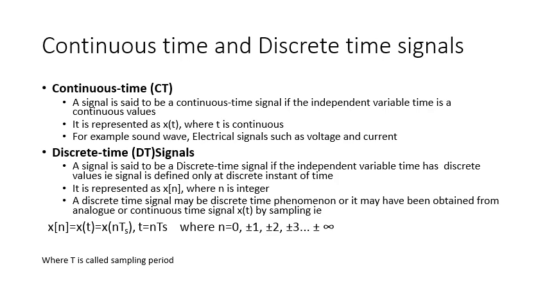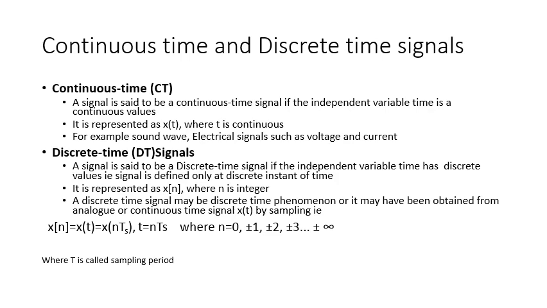A signal is said to be a continuous time signal if the independent variable time has continuous values. It is represented as x of t, where t is continuous. For example, sound wave, electrical signals such as voltage and current.